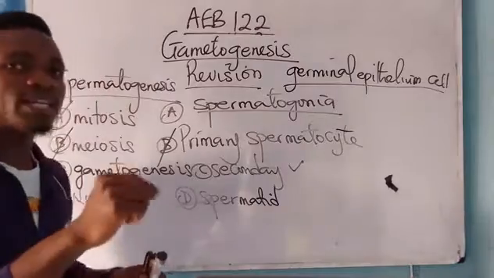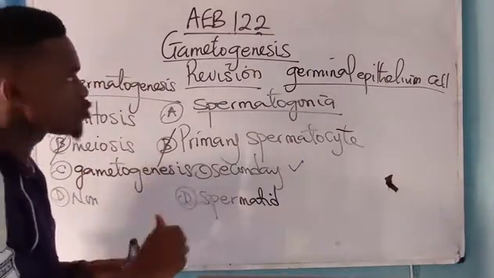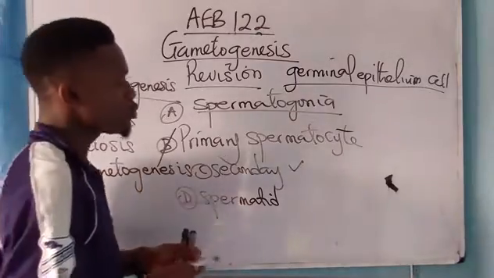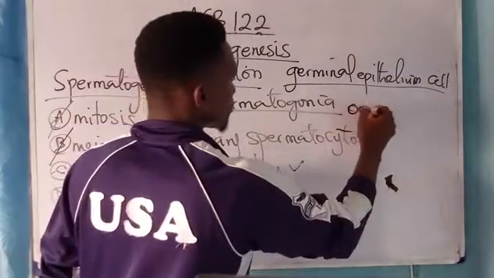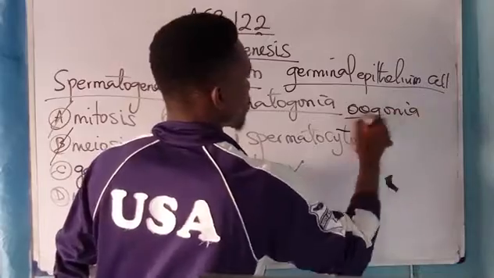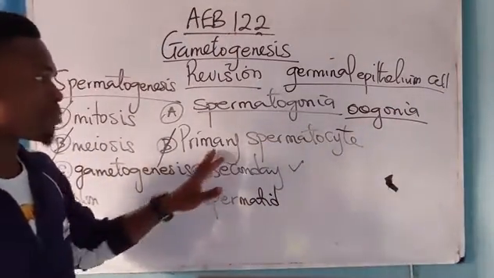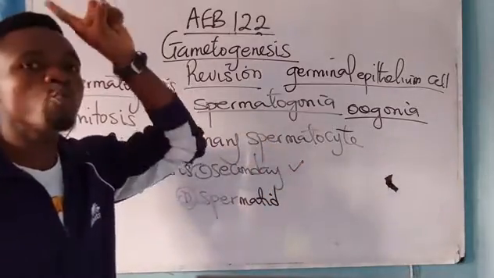But during oogenesis, the primordial germ cell undergoes a mitotic division to produce oogonia. Now, it is not all oogonia that develop into a primary oocyte. No, it is only one.